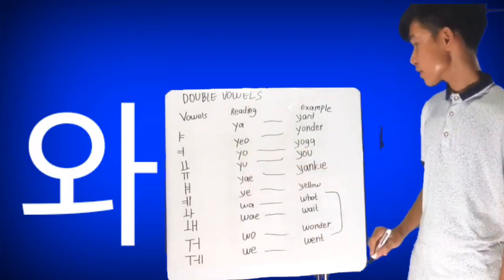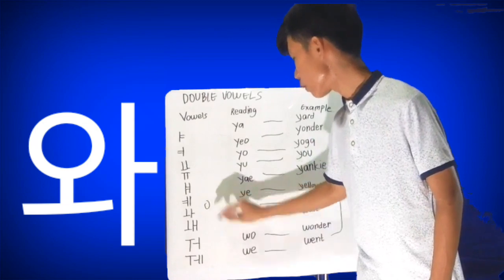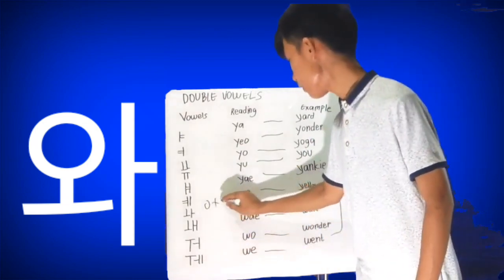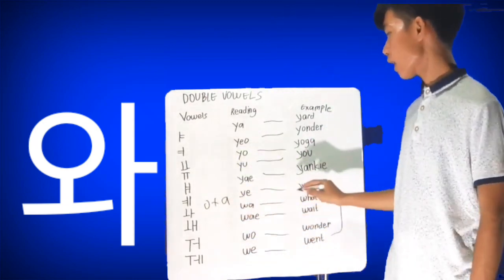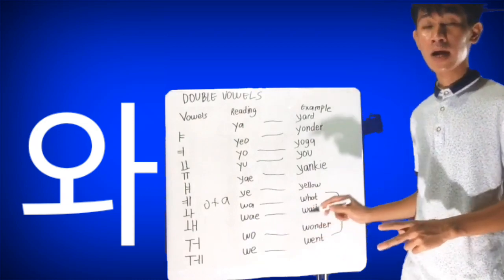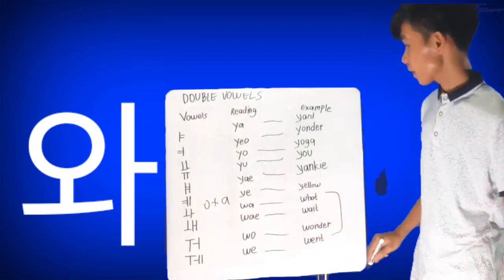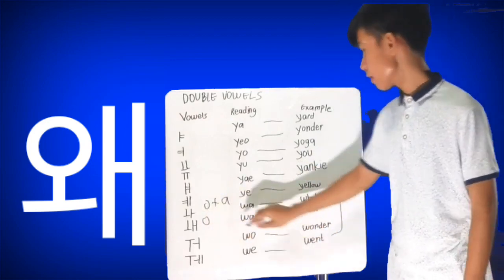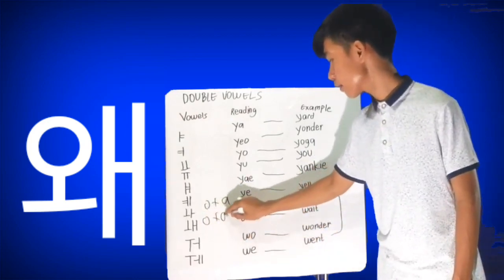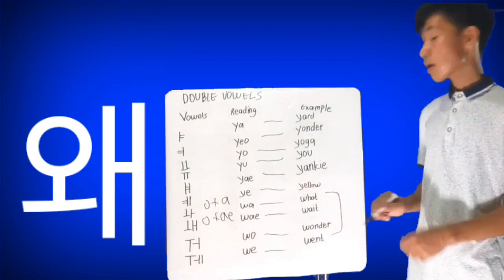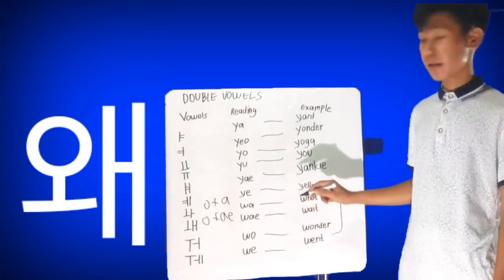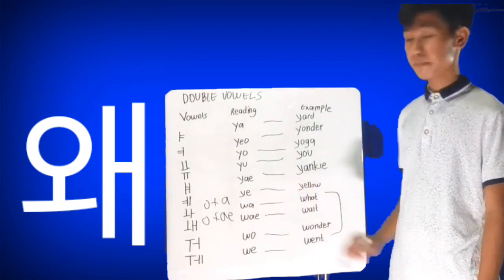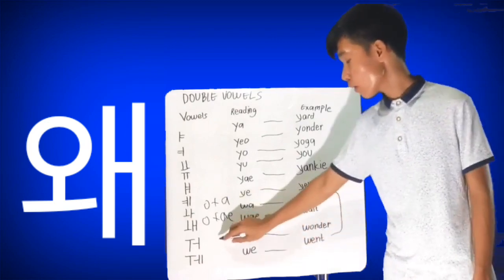Basically, it is a combination of O plus O. Make it fast. Wa. This one, O plus E. Make it fast. We. Then wo.